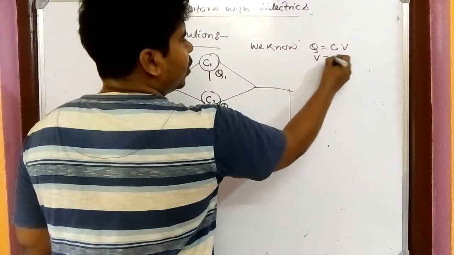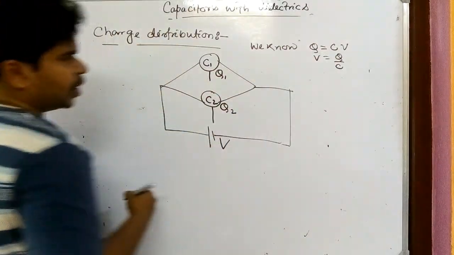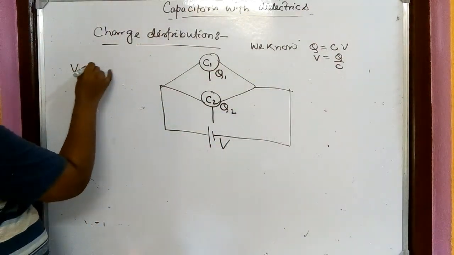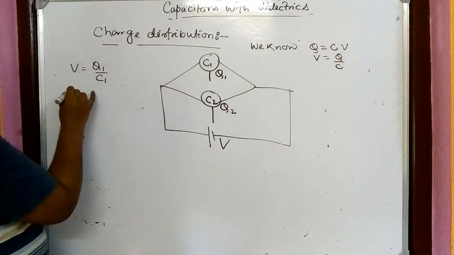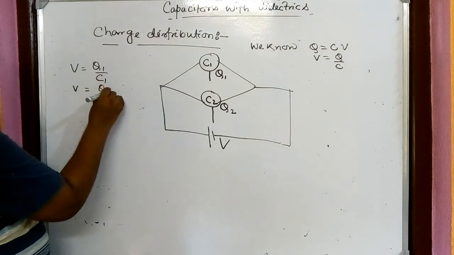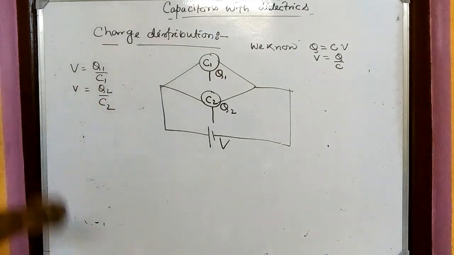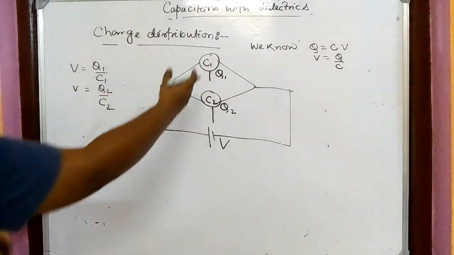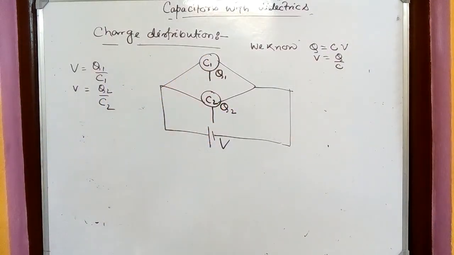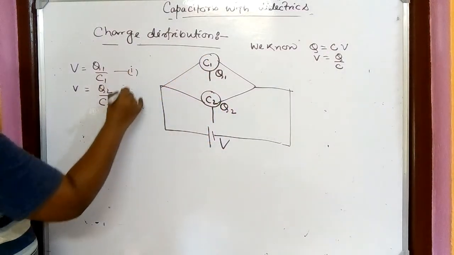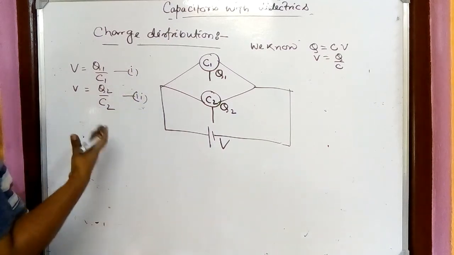That means V equals Q by C. So V equals Q1 by C1 and V equals Q2 by C2. Potential is the same, so these two equations are equal.